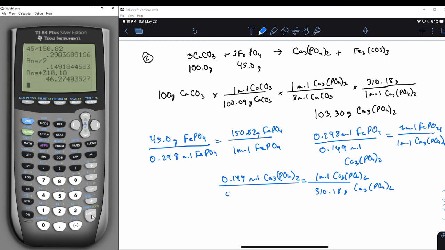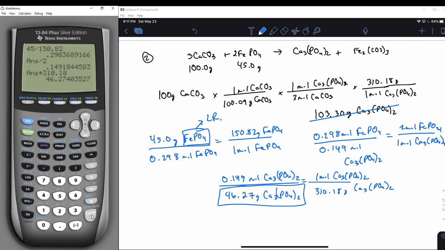So we get 46.27 grams of Ca3PO4 2 that could be made. So notice that this number is smaller than this number, so therefore FePO4 is your limiting reactant.